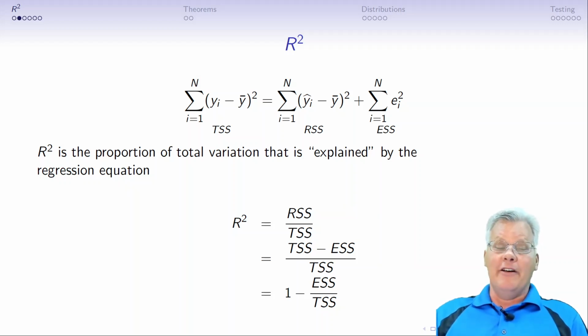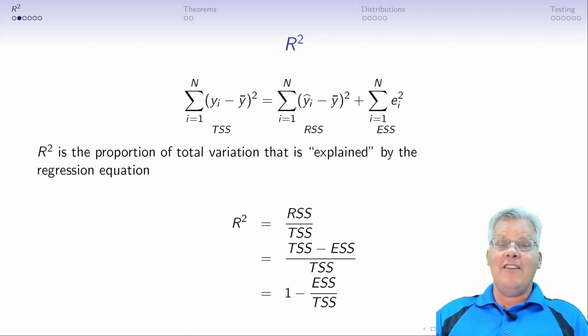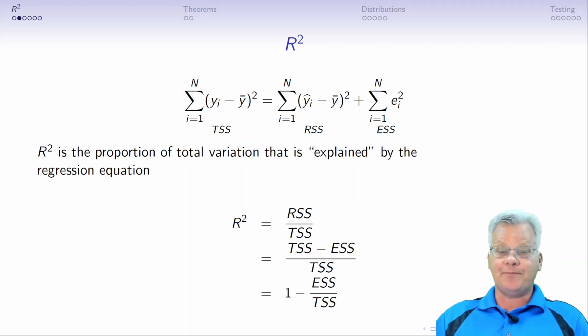What regression does is create this orthogonal decomposition in the variation of y between what's explained by the regression equation and what is unexplained. The unexplained amount is the squared residuals, and RSS is the regression sum of squares because it's the deviation of the fitted values y hat i minus y bar, quantity squared.